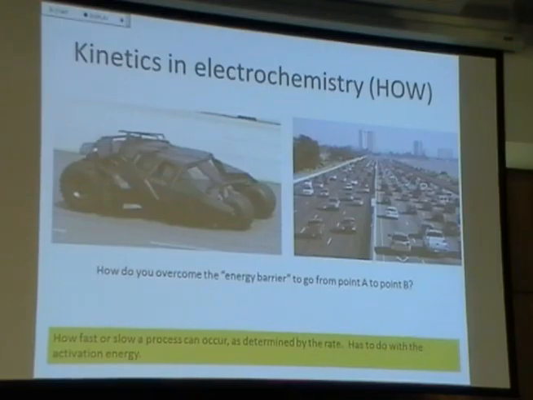We get from point A to point B very, very quickly. Okay, now we're in LA. You don't get from point A to point B quickly, right? There's traffic in the way unless you have a Batmobile, right? Unless you've changed something about the dynamics of the system. You've changed the intermediate, you've changed the pathway that you're taking. All right, so how you get there.